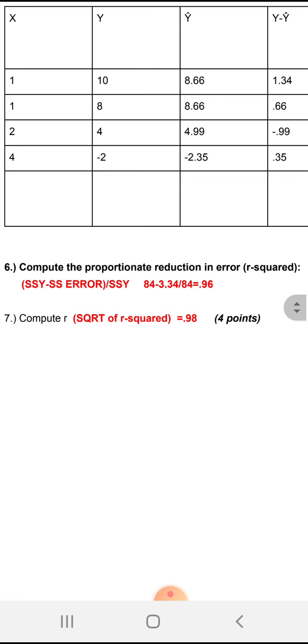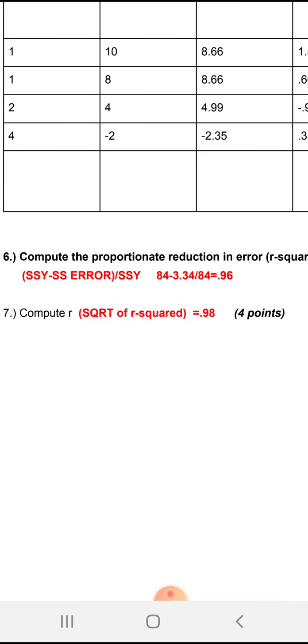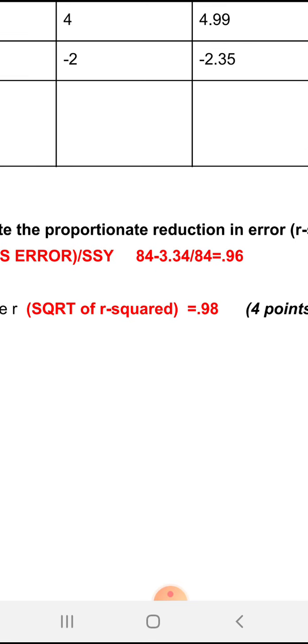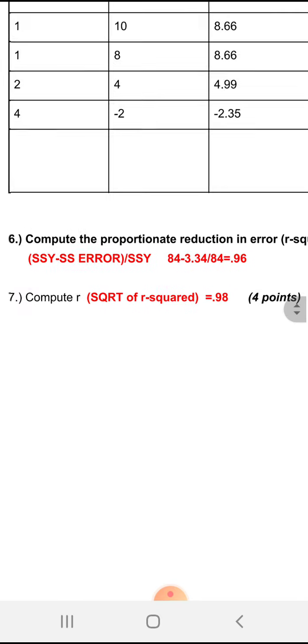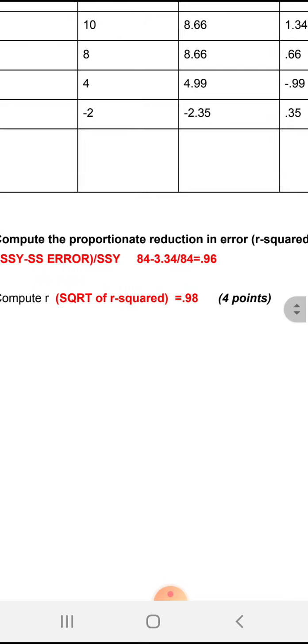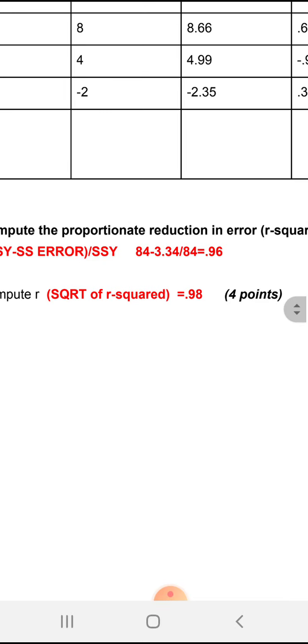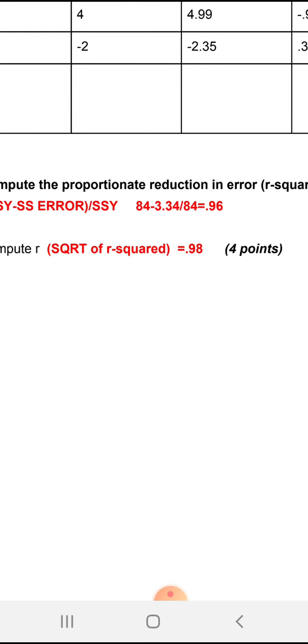Now, to get R from the proportional reduction in error, which is just R squared, you just do the square root of R squared, which is the square root of 0.96, and that will give you 0.98. So this R is to be looked at differently than the original R that we did for the chapter 15 question. This 0.98 tells us that our prediction line is about 98% accurate.